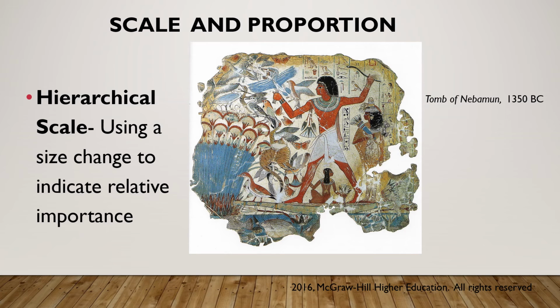So in this case, you can see that the pharaoh, who's the big one in the middle, is of more importance than the woman that's off to the right, or the servant that's beneath his feet, or even the birds and things like that. So he is the biggest. That means he is the most important person, especially in relationship to these other figures.